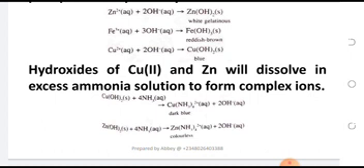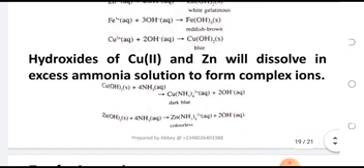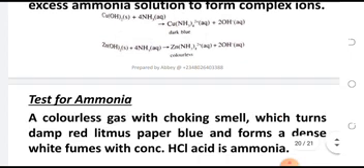Then, in the case of zinc, the white gelatinous precipitate dissolves to give a colorless solution, which is zinc tetraamine complex, as you can see in the equation there. So please take note of this when you are carrying out your qualitative analysis, and these are also part of the chemical properties of ammonia.